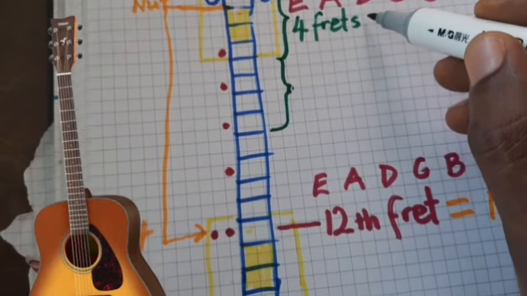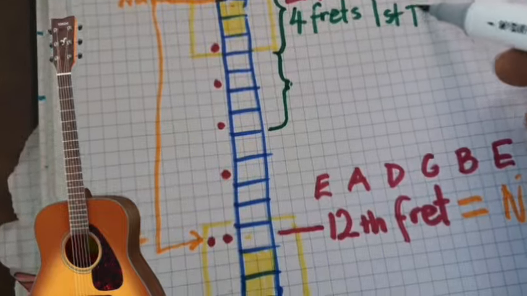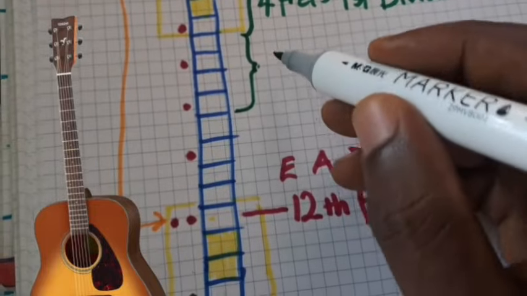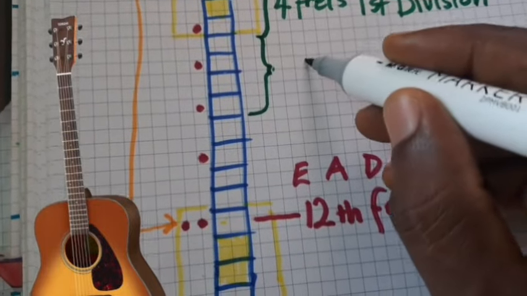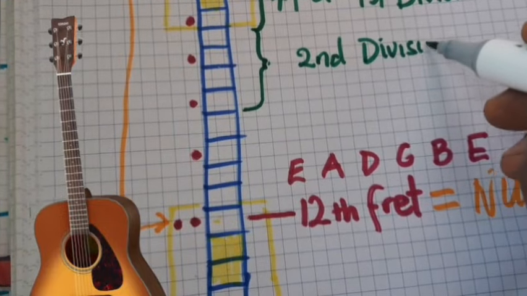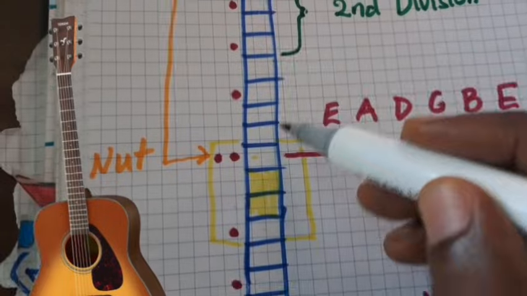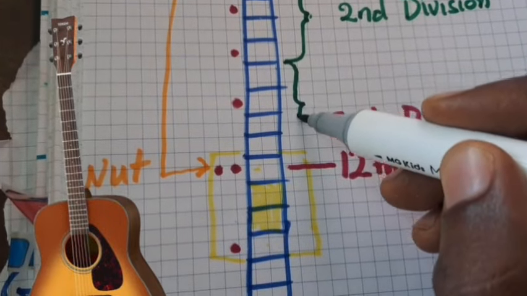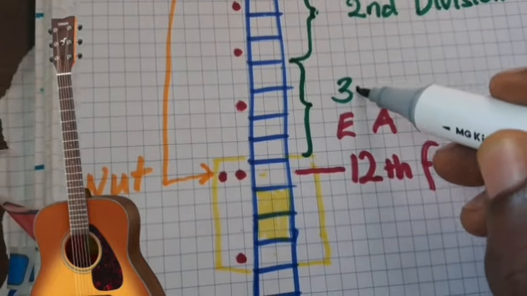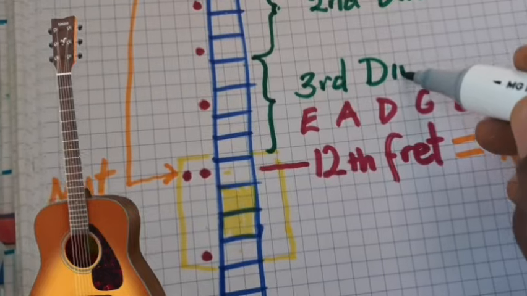So this is our first division, 4 frets, first division. 4 frets, second division. Now 1, 2, 3, 4. Third 4 frets, third division.